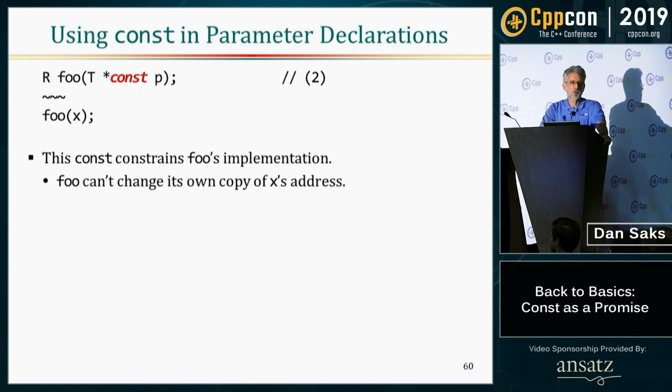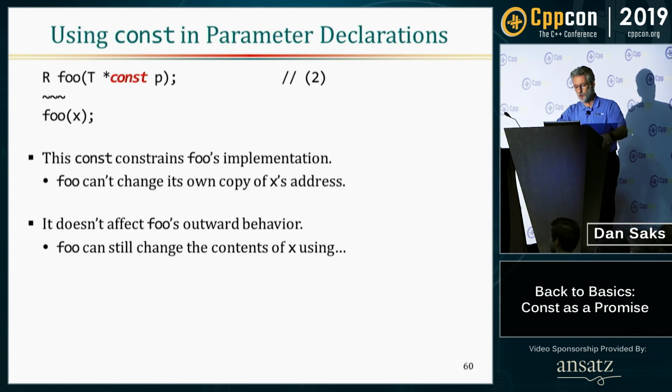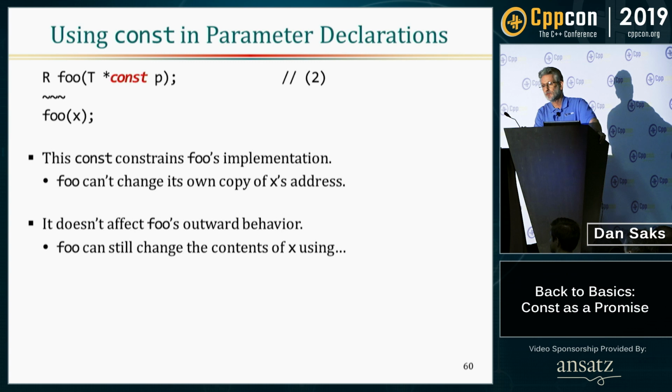I won't change my own copy of your address. And I say, gee, thanks. Thanks for sharing that. But it doesn't affect what foo can do with my data. Foo can go ahead and scribble all over my data.